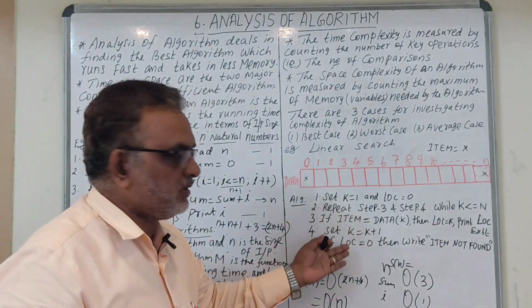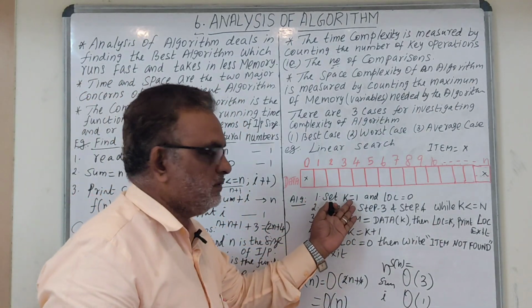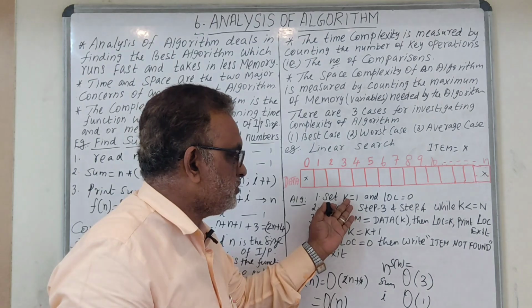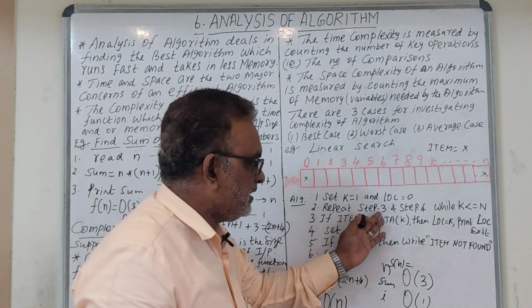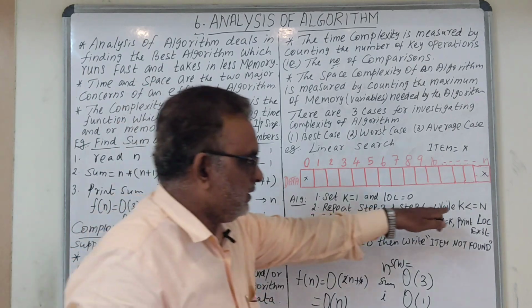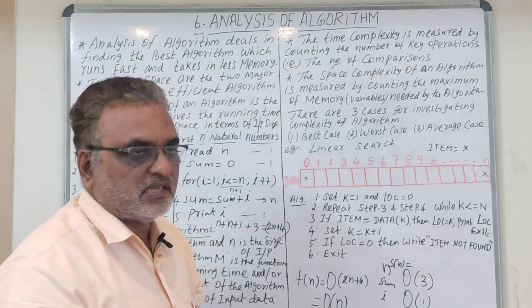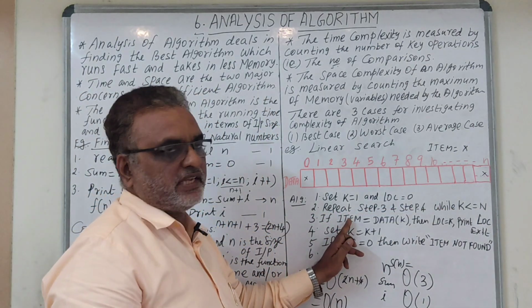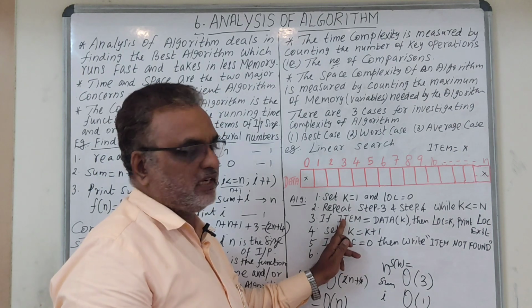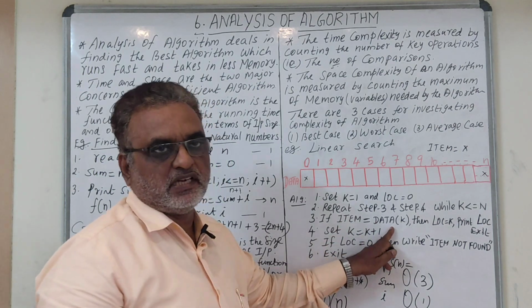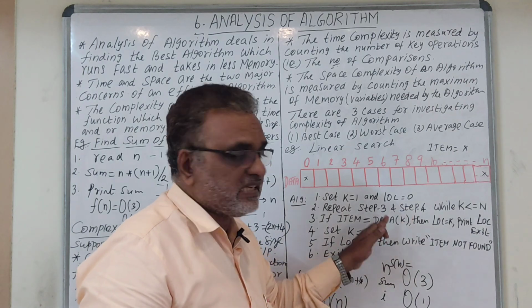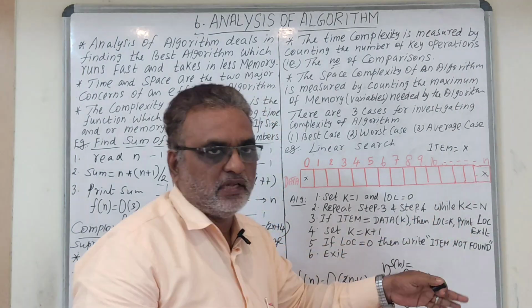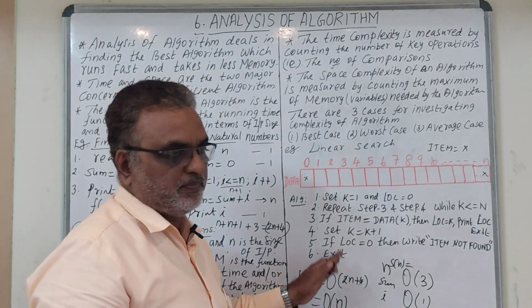The linear search algorithm is given here. Initially we have k as 1 and location as 0. We repeat steps 3 and 4 while the value of k is less than or equal to n. If the given item is present in data of k, then print the location and exit.